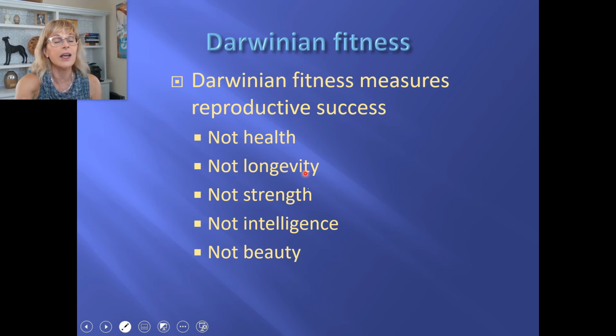It does not care at all about how long you live. In terms of Darwinian fitness, it's not the longest lived animal that is the fittest. It's not the strongest, it's not the smartest, and it's definitely not the most beautiful. In Darwinian fitness, it only measures reproductive success. Who has the most offspring that survive to reproduce themselves?